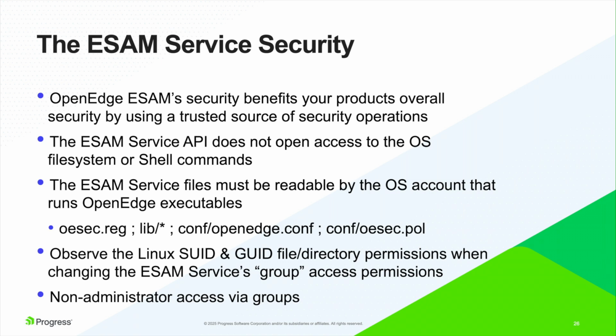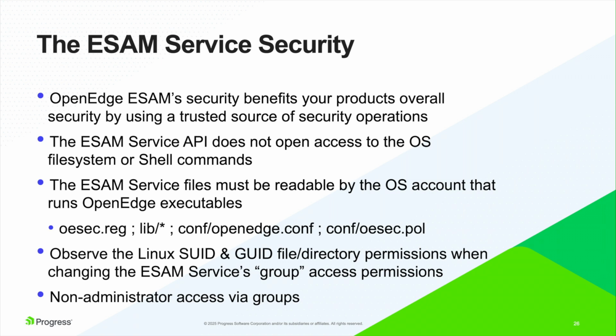Key things that you're looking for are a file called oesec.reg, anything in the lib directory, and anything in the conf directory. These are required files. Now you can observe the Linux set UID and GID file directory permissions; these you can use.